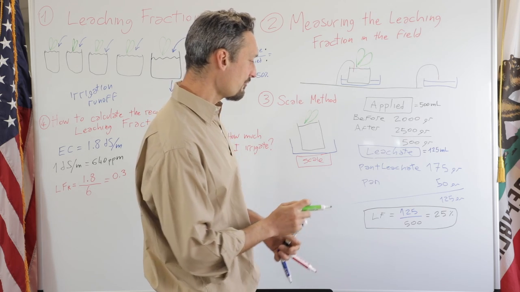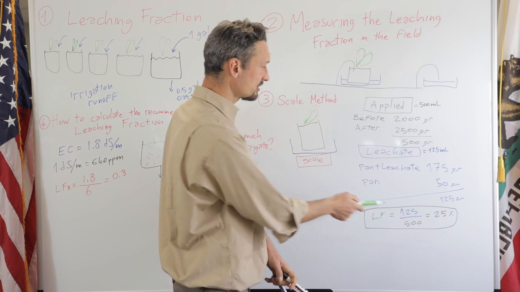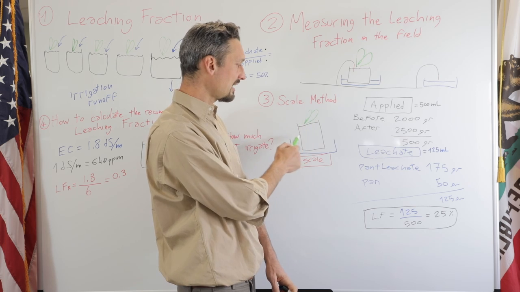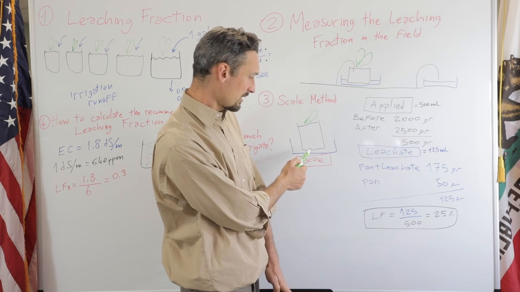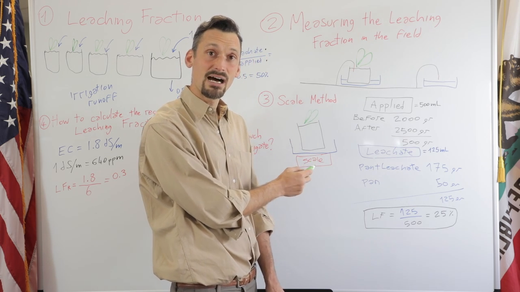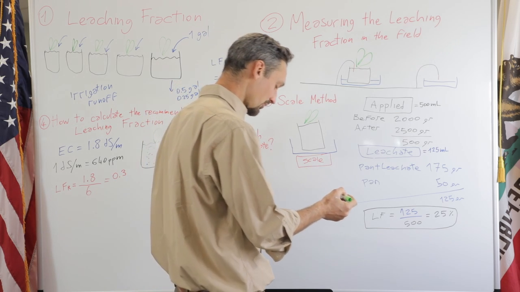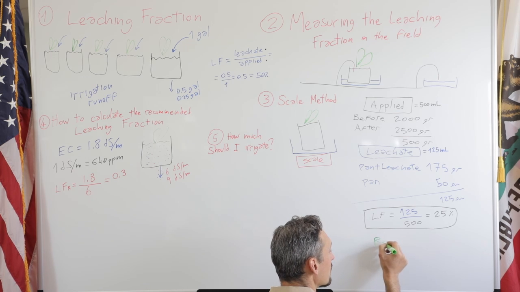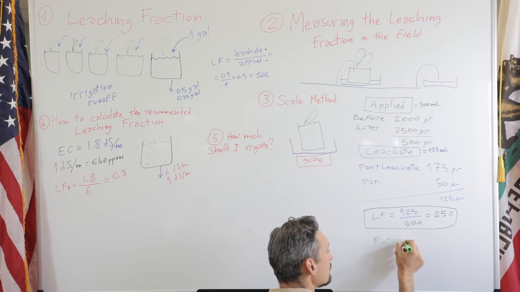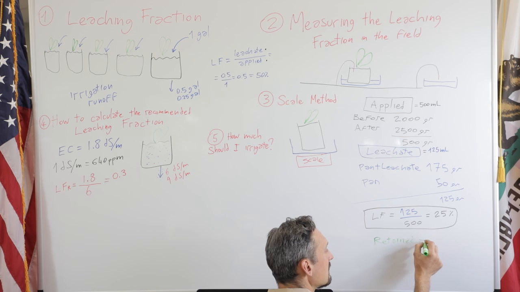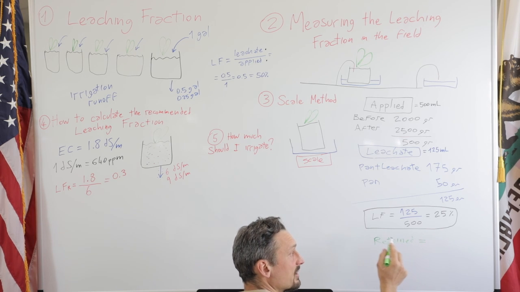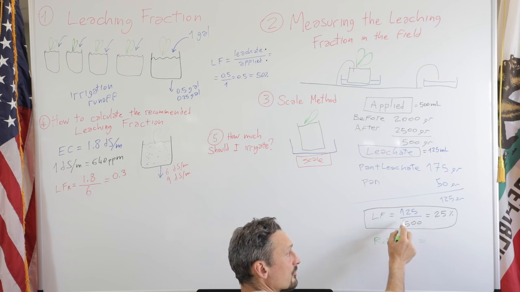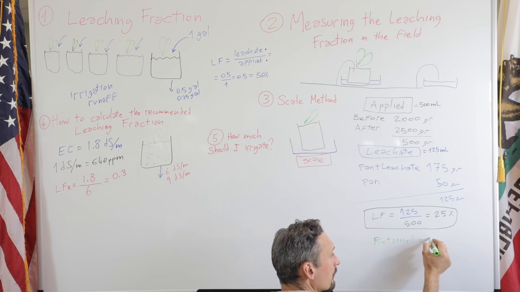So if 500 milliliters were applied to this container and 125 leached out, it means that the quantity of water retained in the substrate in the container was the difference between the two, so 375 milliliters.